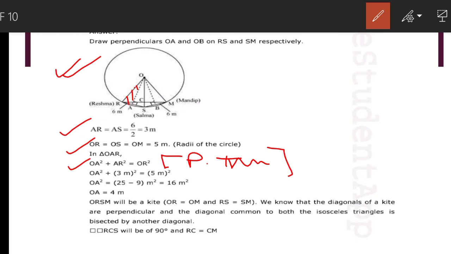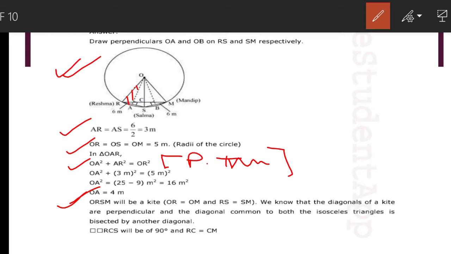OA is not given, so we need to find OA. So OA square plus 3 meter square is equal to 5 meter square. So OA square is 25 minus 9, taking the 3 square across, we get 16 meter square. And then we get OA is equal to 4 meters.